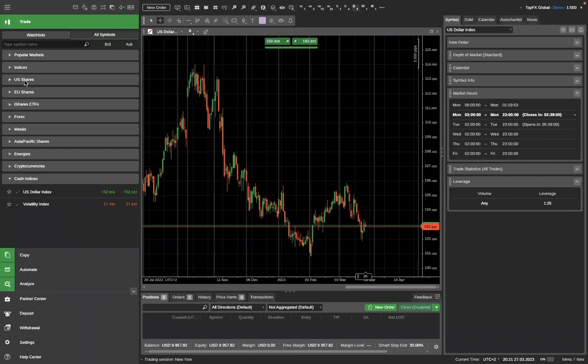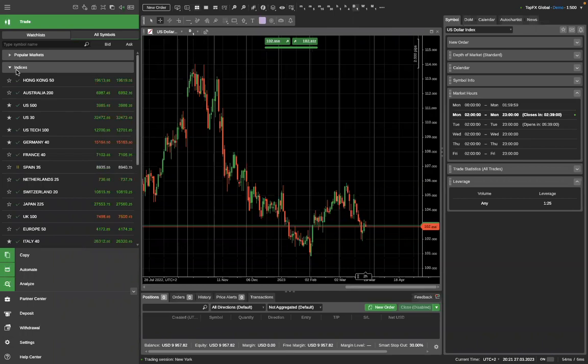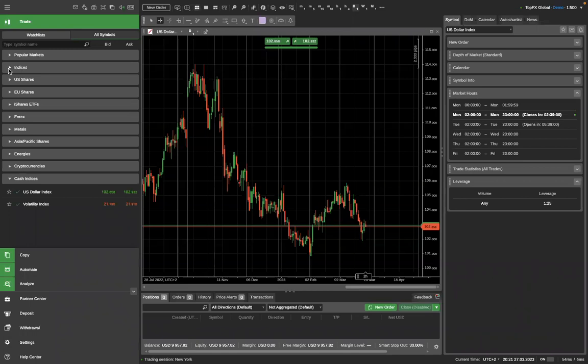Okay, so let's go back to our indices. What else do we have here? Of course, S&P 500, Dow Jones, Nasdaq. We all know about these indices. And if you, for example, want to trade some shares, right now one of the most traded shares in the Nasdaq 100 is, of course, Tesla.